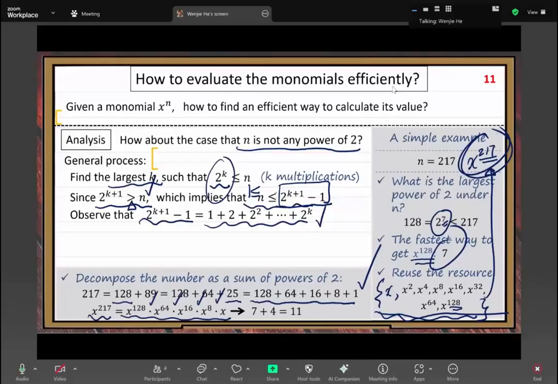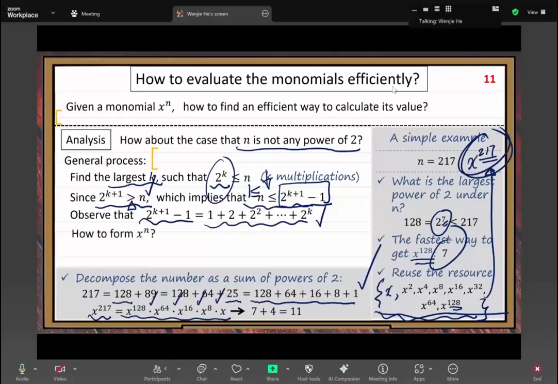Any number in this range, we can select some of the resource numbers to make it. So here I want to make this argument: after you prepare your resource pool, you can represent any number in the given range. You won't miss any. You can always represent any number in the range.